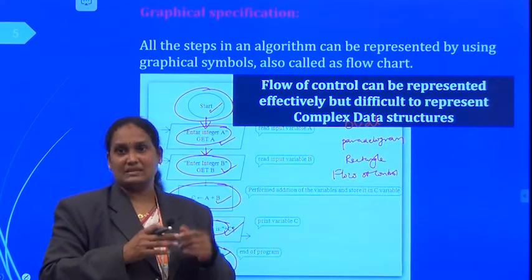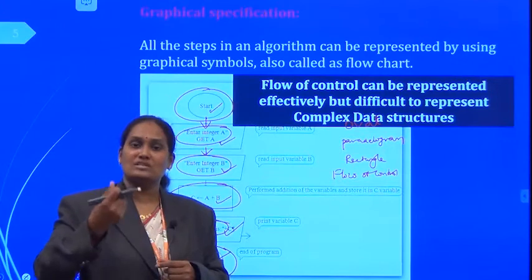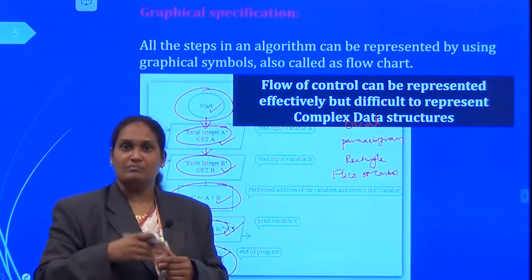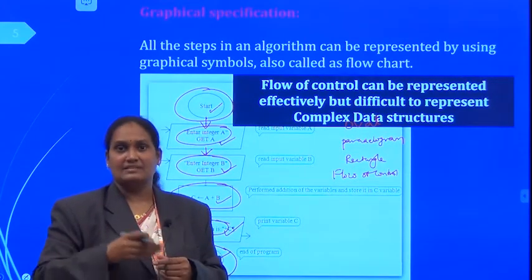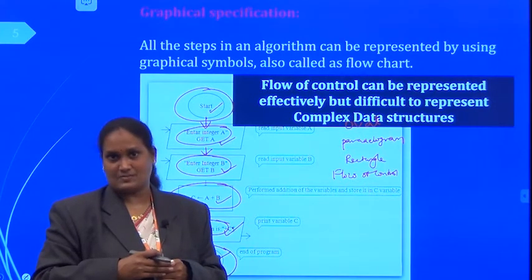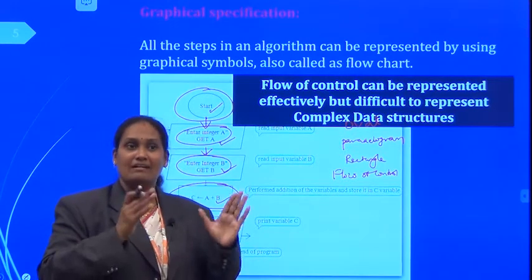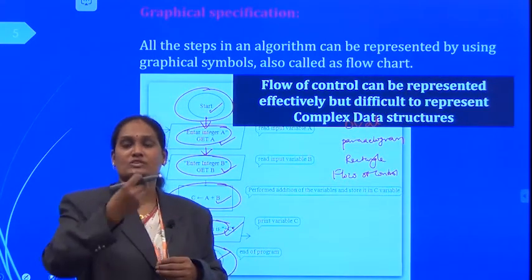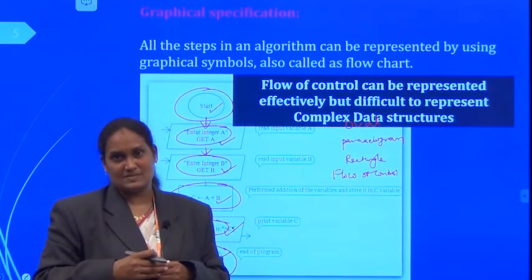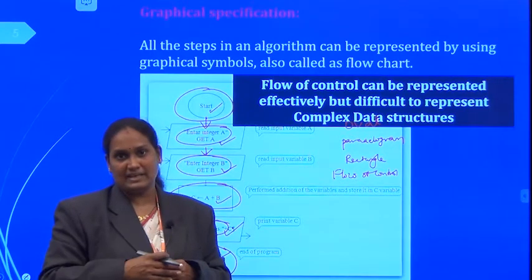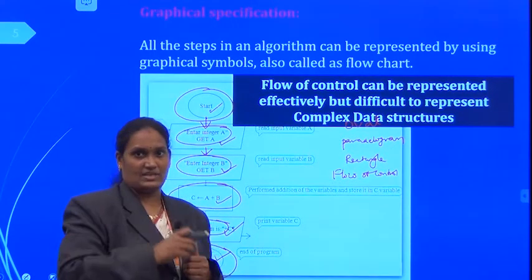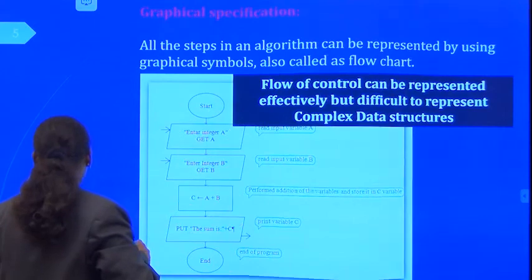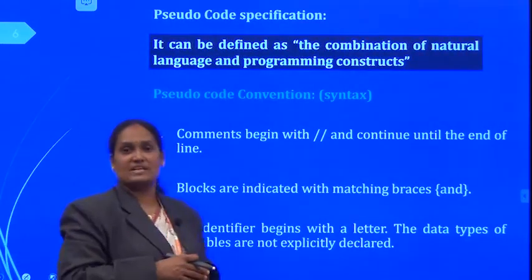In case of graphical representation, the flow of control can be represented properly, but we cannot represent the complex data structures properly. So, in order to avoid all these drawbacks, we are moving towards the third algorithm specification, which is nothing but pseudocode specification. Now I am going to explain the pseudocode specification.